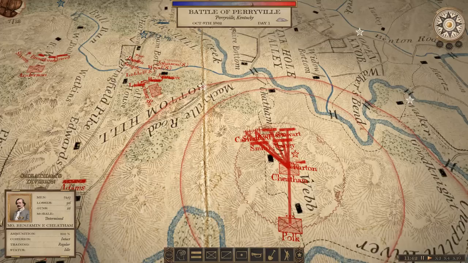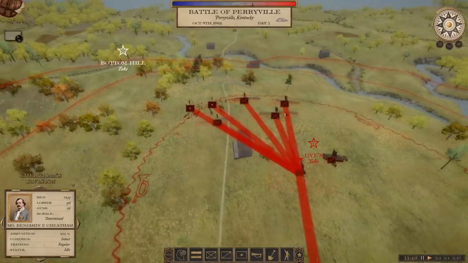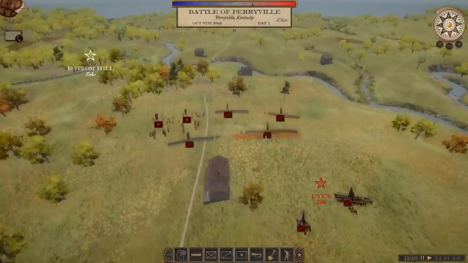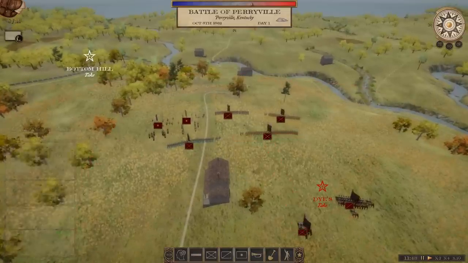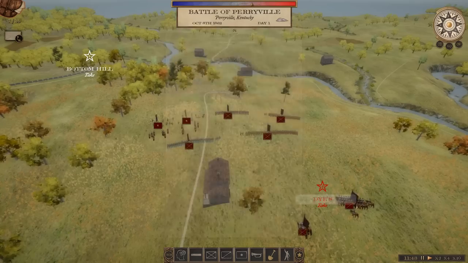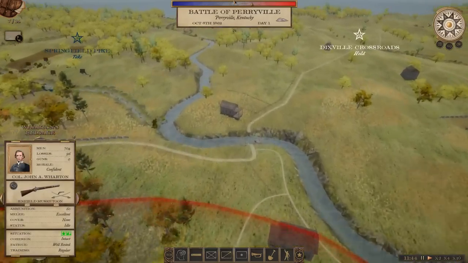And with Cheatham's division, which is currently not engaged and already in position, catching breath after the march, still a bit tired but getting better, I think it's a good idea to try to get to the other side of Doctor's Creek.